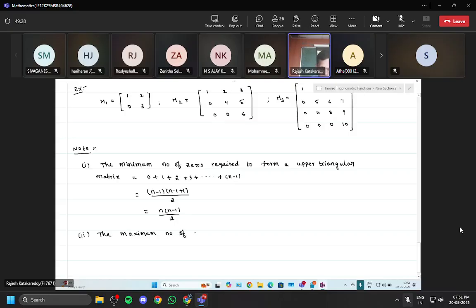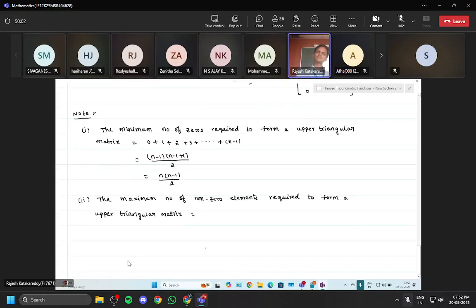The maximum number of non-zero elements required to form an upper triangular matrix of order n, guys.